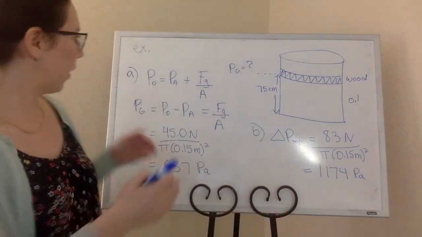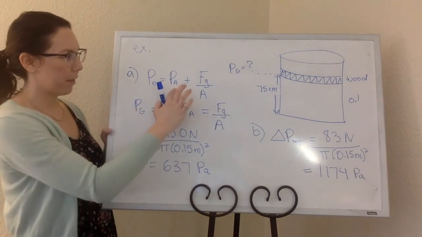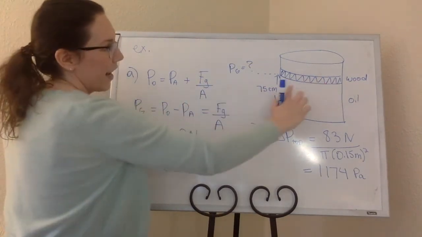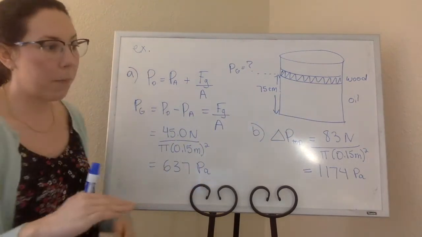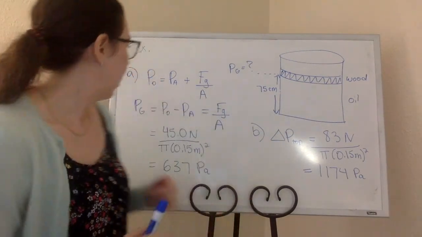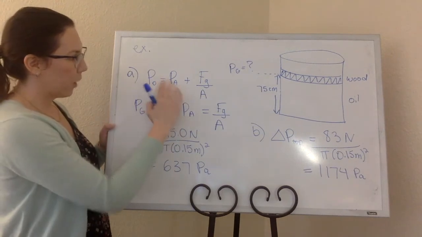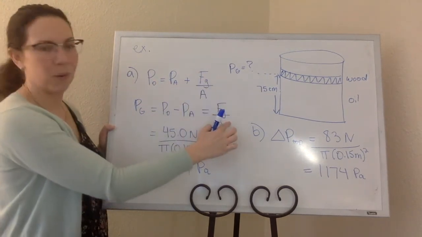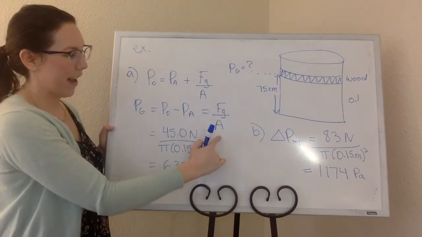And so our total pressure would be atmospheric plus Fg over A, the surface area of the top of that oil surface. If we want gauge pressure, we want that pressure minus atmospheric. So it's just this extra portion, the weight divided by the area.